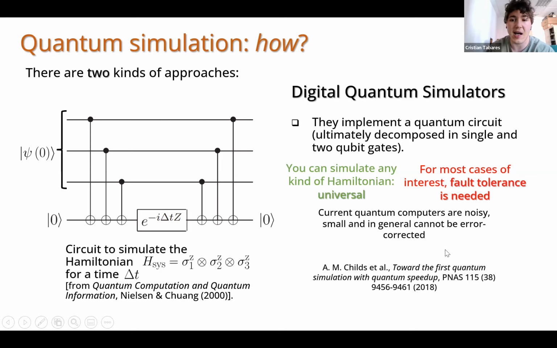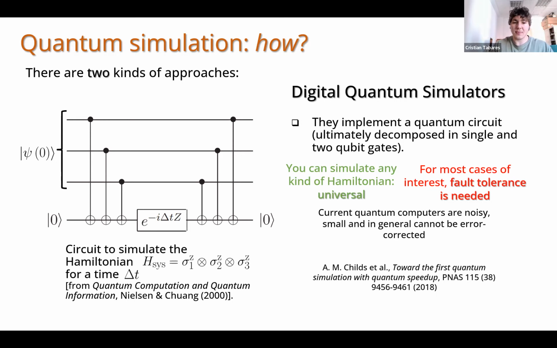And the thing is that, in general, we would like to be able to correct these errors, okay, and this is what we call a fault-tolerant quantum computer, a quantum computer in which we can correct the errors. This is not easy by any means, okay, but maybe someday we will be able to obtain a fault-tolerant quantum computer, which is fully quantum error corrected. But at least at the moment, looking at what we have, current quantum computers are noisy, are also small, and we cannot correct these errors.